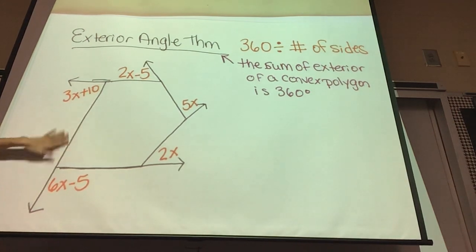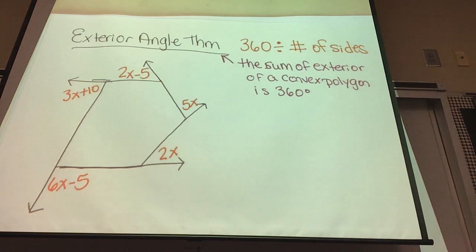As long as your entire shape is pointing to the outside, that's convex. So we have a convex polygon, so it's always going to add up to 360. So all I have to do is use that formula, and that's what we're fixing to do.